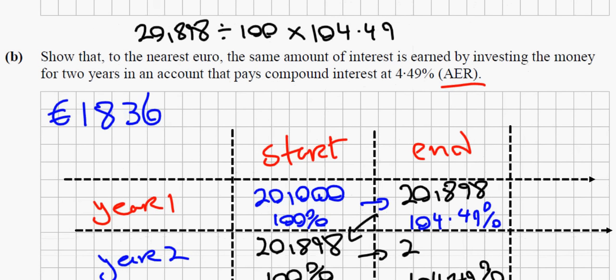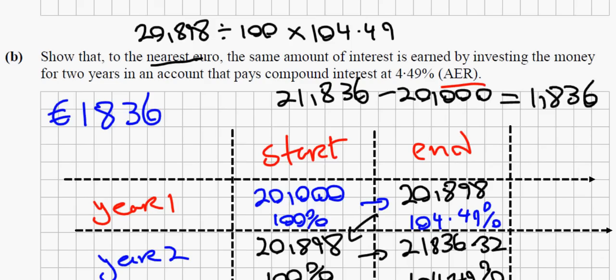When we do this, our answer is 21,836.32. We have to find out how much interest is made, so we're going to round it off to the nearest euro, ignore the 32 cent, take away the 20,000, and we will get 1,836 euro, exactly the same amount.